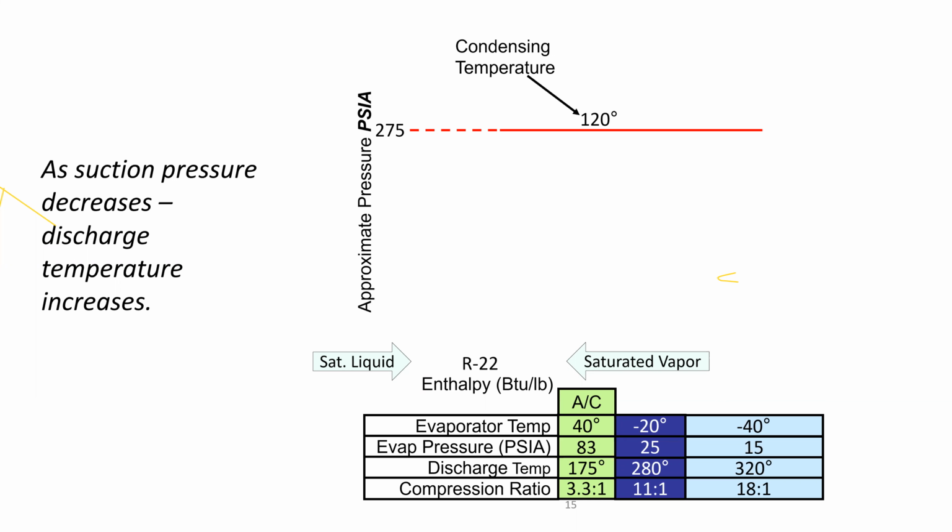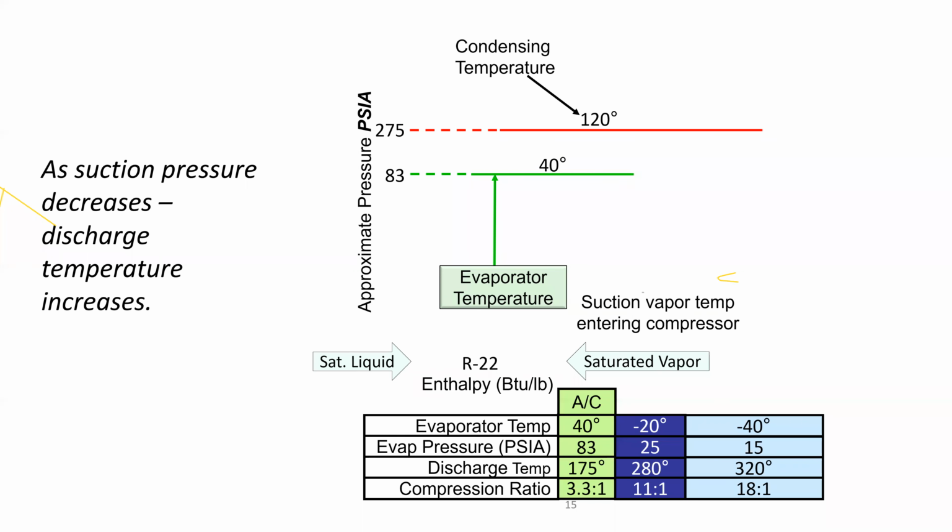The evap pressure for this is running 83 psi with 175 degree discharge temperature at a 3.3 to 1 compression ratio. So here we'll see our evap temperature. Our suction vapor temperature entering the compressor is at 60 degrees.